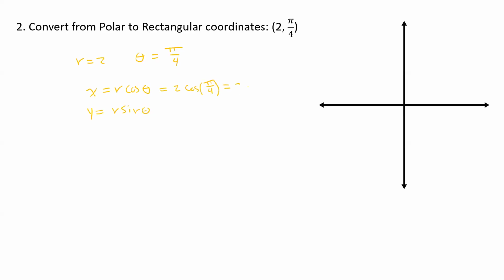Yes. So then you have 2 root 2 over 2, which is just equal to root 2. This one, 2 sine pi over 4, same thing, 2 root 2 over 2 equals root 2. So then you would have root 2, comma, root 2 equals x, comma, y.